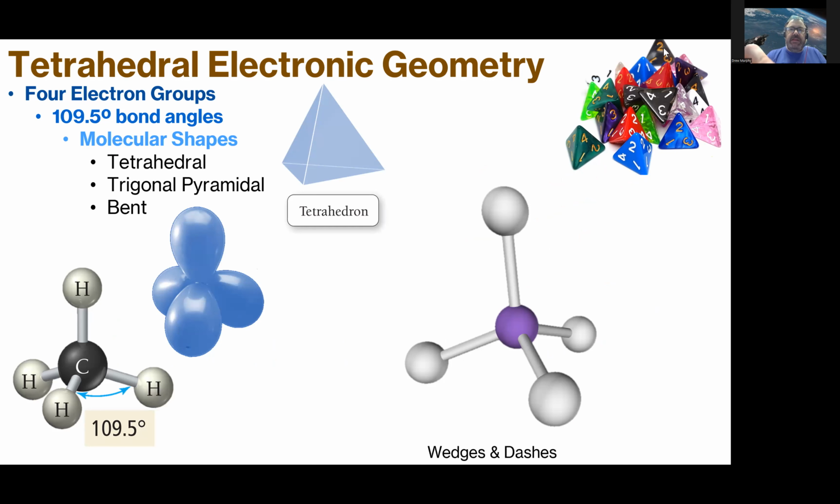The central atom is in the center of the tetrahedron, and the outer atoms are on each corner of the tetrahedron, and you have this 3-dimensional shape. Again, you can look at it as 4 balloons held in the center. And the nice thing about this is all the angles are 109.5. So we have another angle to remember here. 109.5 is a good tetrahedral angle for us to look at.